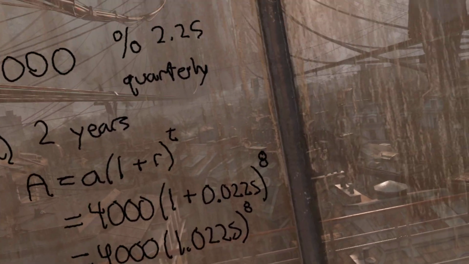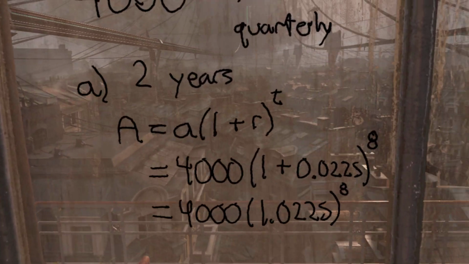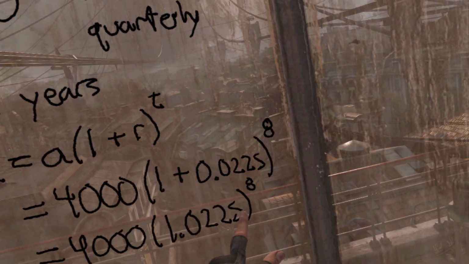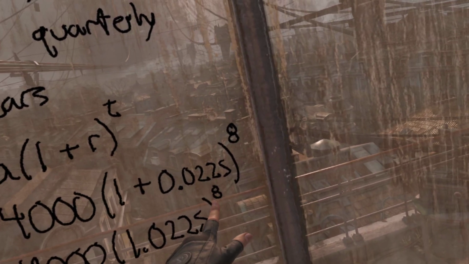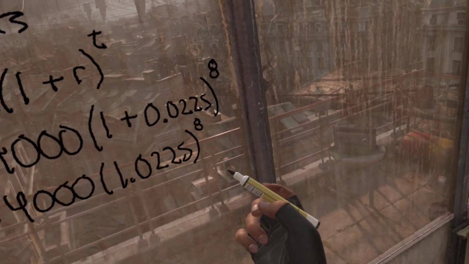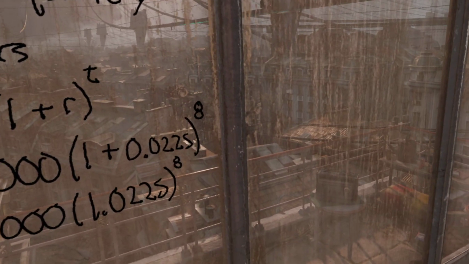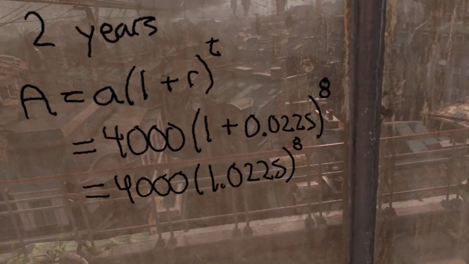Now I'm going to show you a little trick here so that you don't lose accuracy when you calculate this. Now remember, PEMDAS tells us that we cannot do this times that first. We have to take care of the exponent first. So exponent comes first. Take your calculator, type in 1.0225, and then raise it to the 8th power.